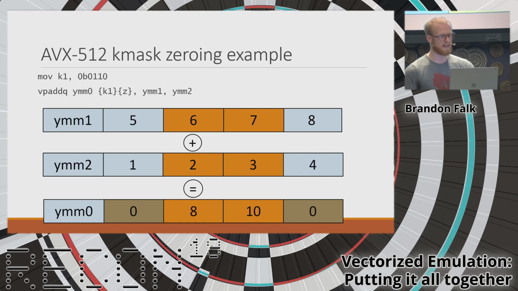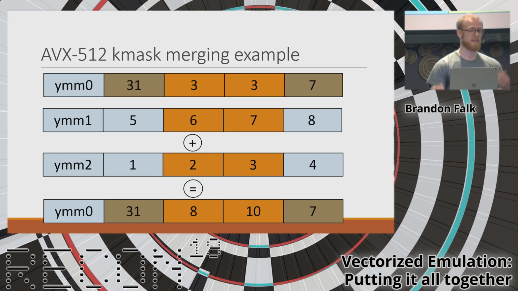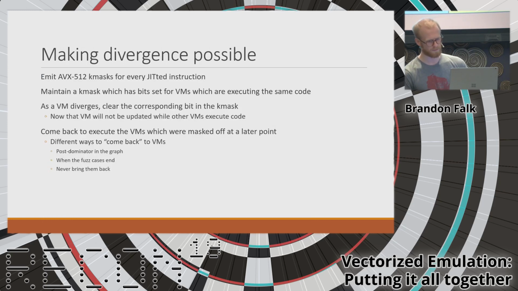But at the end, it ends up zeroing out the 2 lanes that were disabled by that kmask. In the case of merging, it's pretty much the same thing, except the old values just stay there instead of getting zeroed out. Zeroing is a little bit more useful for performance because you can get rid of dependencies, and it makes the processor a little bit faster for those instructions.